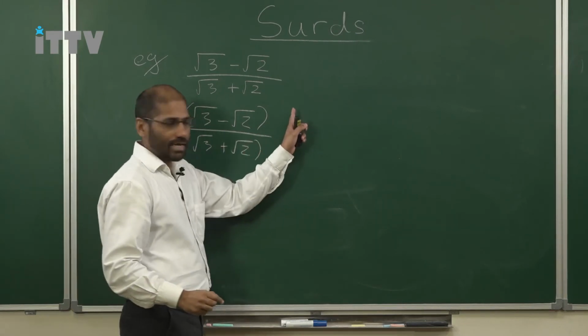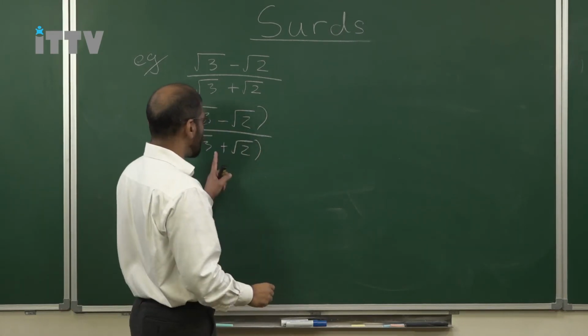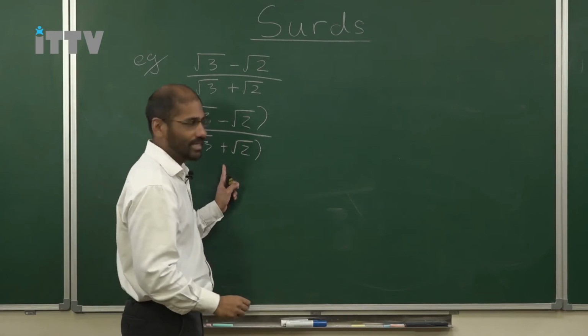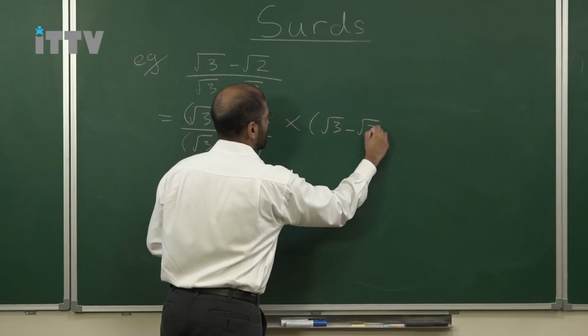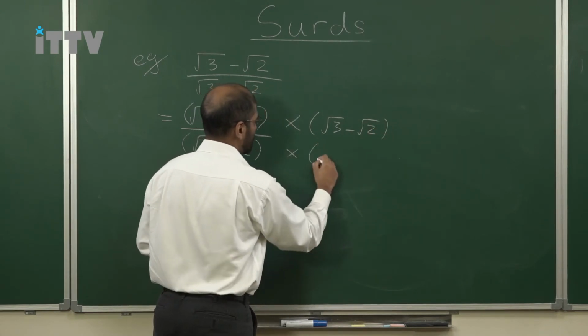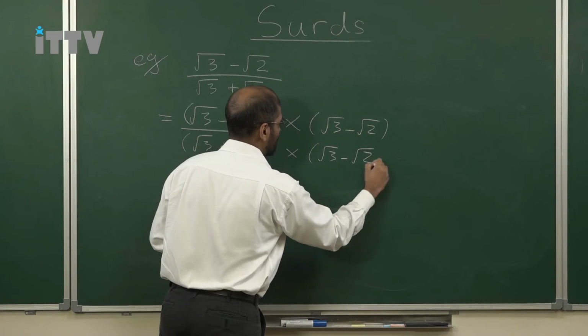So we have to multiply the numerator and denominator by the conjugate of the denominator. So here the conjugate is surd 3 minus surd 2, and again we have surd 3 minus surd 2 over here.